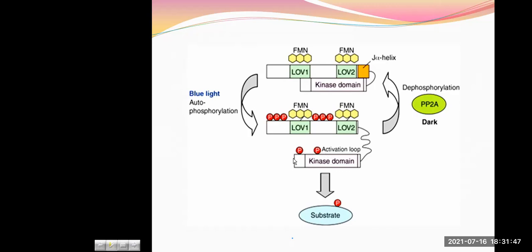This is called autophosphorylation, and this phosphate is provided to the substrate. The substrate would be contained in the cells for eliciting responses. For example, phototropins induce many responses in plants, like opening and closing of stomata, orientation of chloroplasts, development of chloroplasts, phototropism, and heliotropism, that is tracking of the sun.